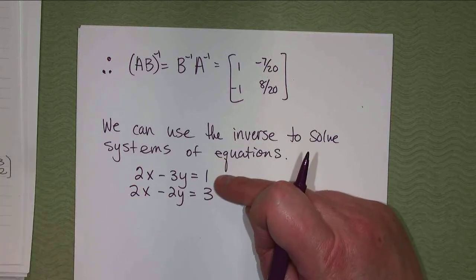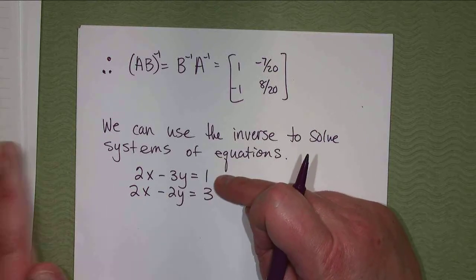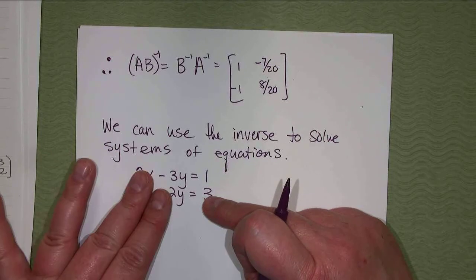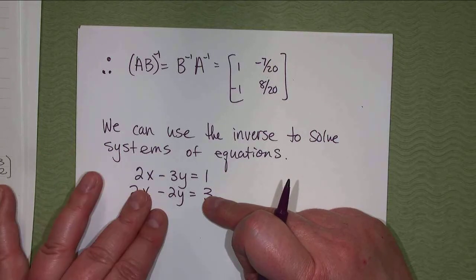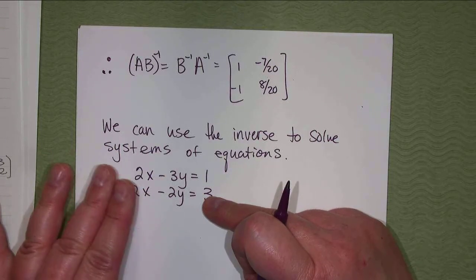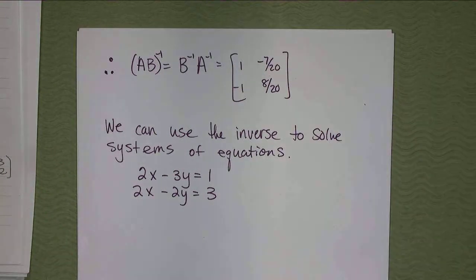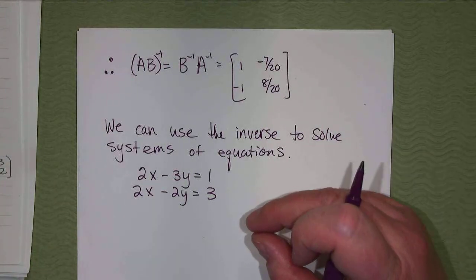If you wanted to change just these numbers, all you need is the inverse once for that recipe, and then it just takes a quick multiplication, and you've solved a new system. Change the numbers again, a quick multiplication, you've solved a system. And a computer can do a matrix multiplication really fast. So you can solve a whole bunch of systems really quick with an inverse.